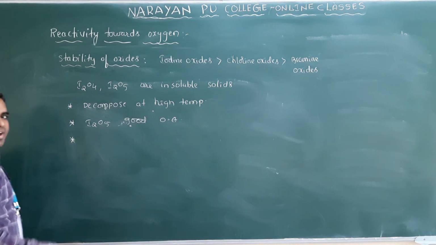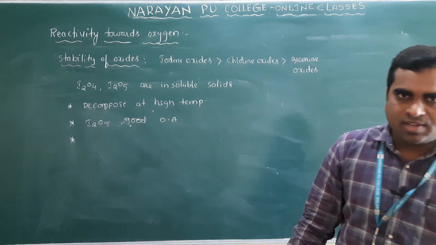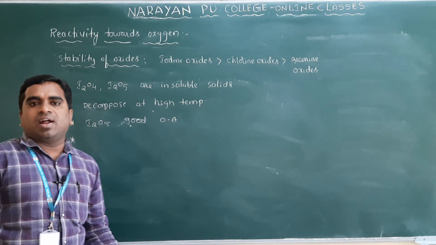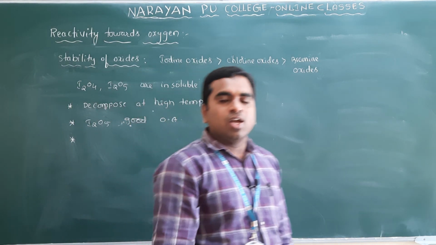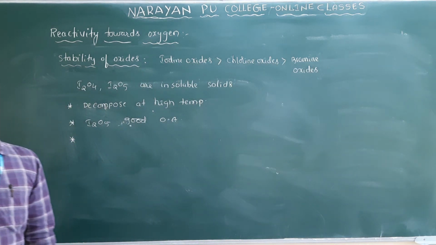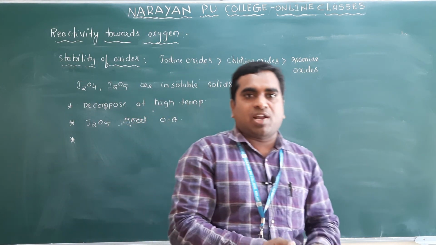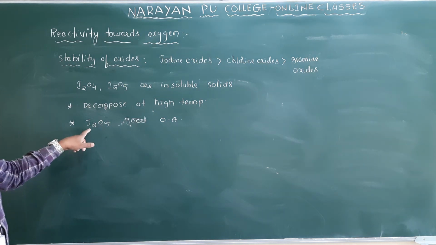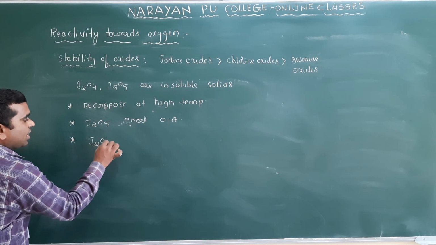And this I2O5 is used in the estimation of carbon monoxide, to detect how much carbon monoxide is present in the atmosphere, and whether carbon monoxide is present in your sample or not. Very important point here.